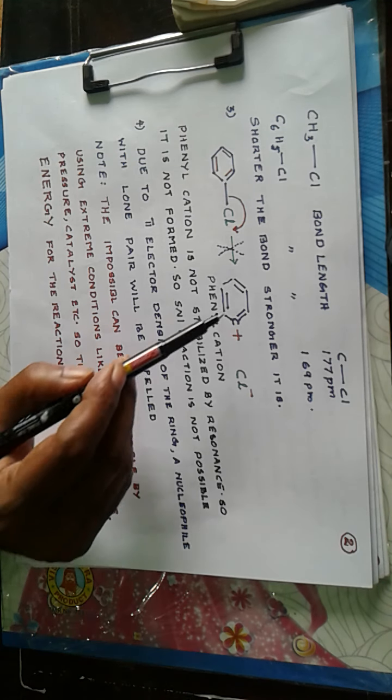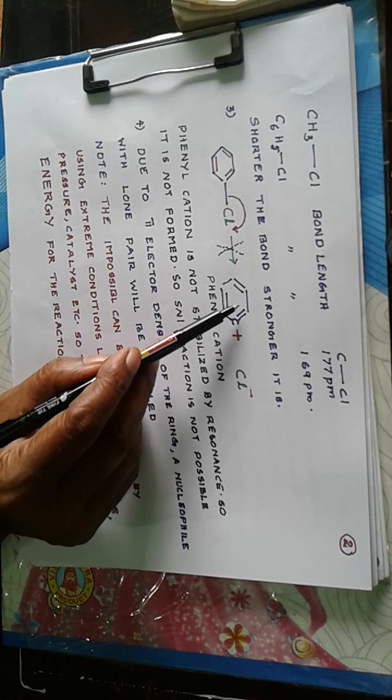Now again, the pi electron density of the benzene nucleus. Pi electrons are not labile, they are always moving around the carbon atoms in a circular manner along the ring, and the pi electrons are situated slightly away from the nuclei of carbon atoms.